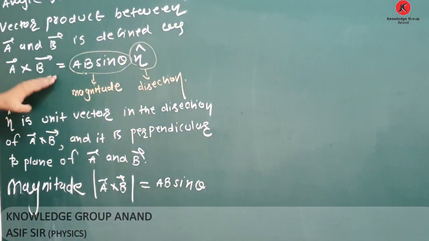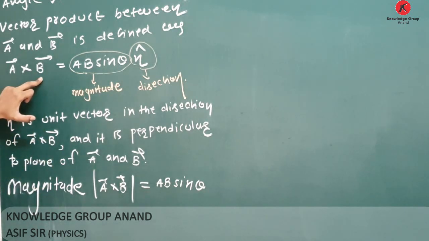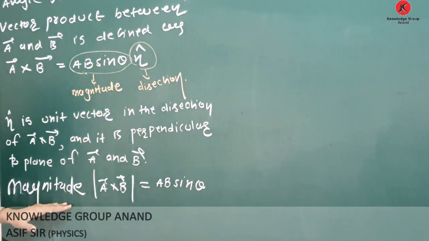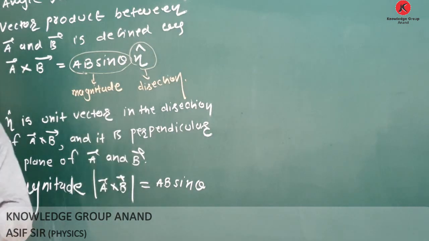What is the difference between these two equations? A cross B is a vector, and a vector is always represented as a product of magnitude and unit vector. But here it is magnitude only, so mode of A cross B is equal to AB sin theta.